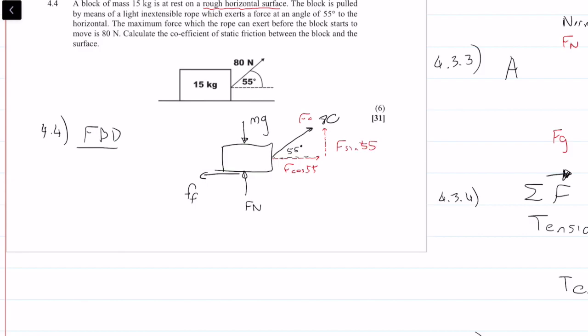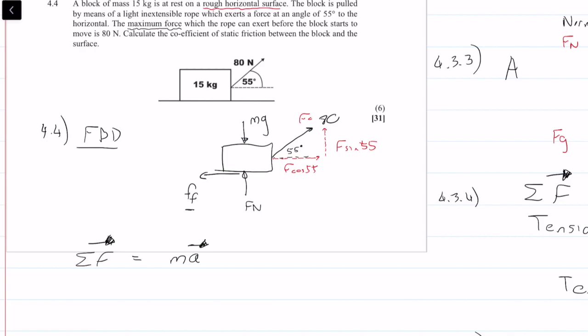Okay, cool stuff. So I want to calculate the friction. How am I going to go about doing this? I'm going to say that the sum of the forces in that direction is equal to the mass times the acceleration in that direction. This gives us a very important piece of information.